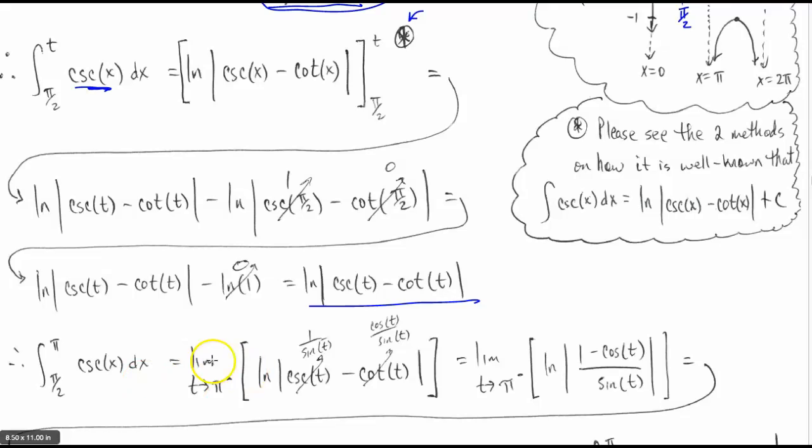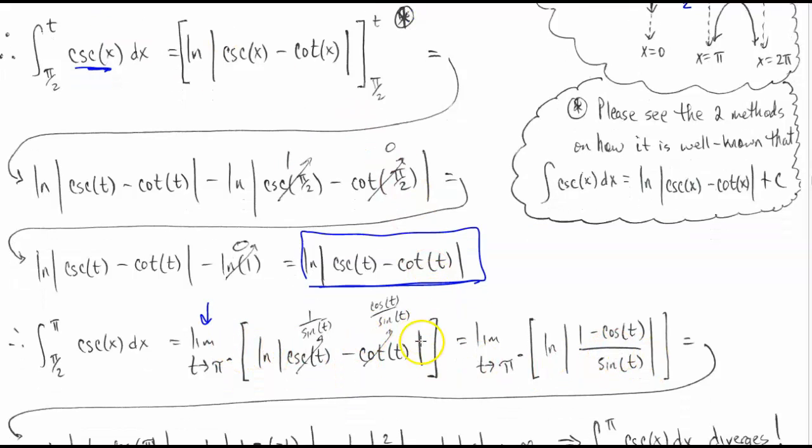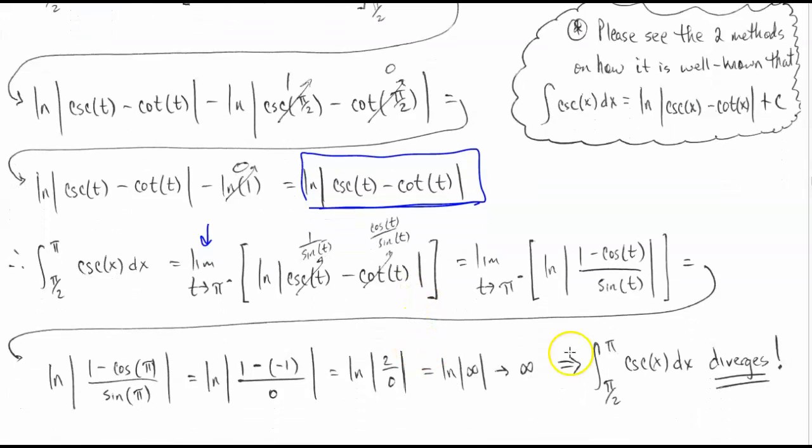And now if we evaluate this from pi over 2 to pi, then it's going to be the limit of this particular result as t approaches pi from the left. So I rewrite cosecant t minus cotangent t in terms of cosine and sine, so that it makes it a little bit easier to evaluate.